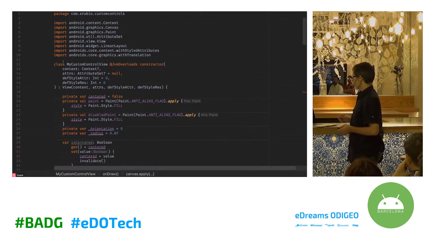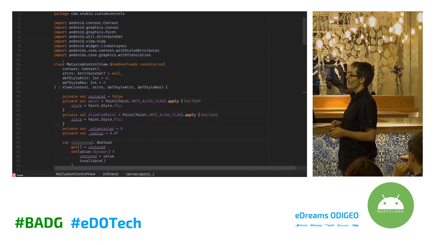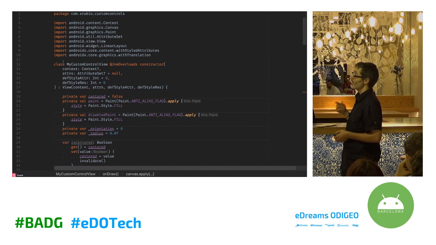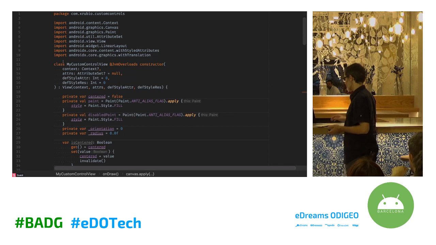Same structure like with the compound control. So we are creating a control. We use JVM overloads to have all the constructors, but in this case, we are extending a view instead of another view group.